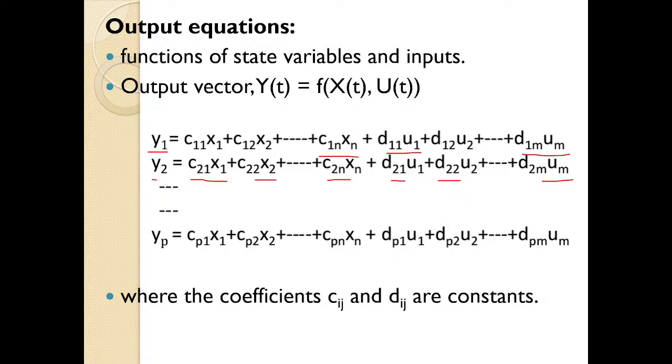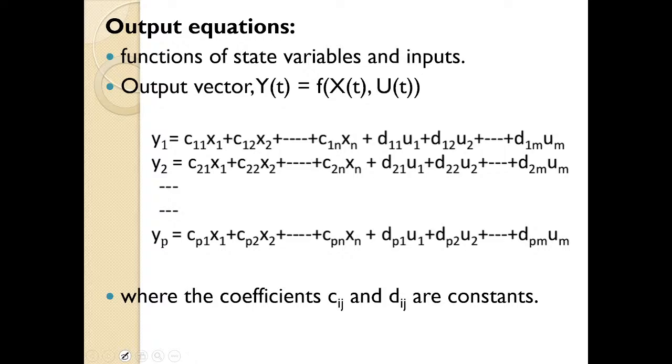The number of outputs varies from 1 to p. So yp is equal to cp1 x1 plus cp2 x2 up to cpn xn plus dp1 u1 plus dp2 u2 up to dpm um, where C and D are the coefficients which are constants. Just write it down.